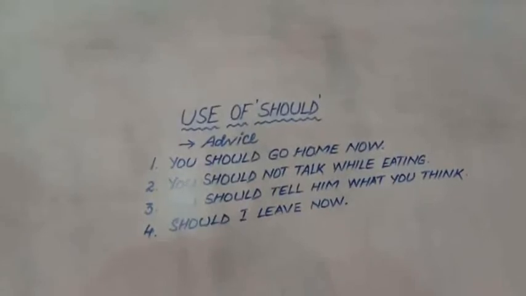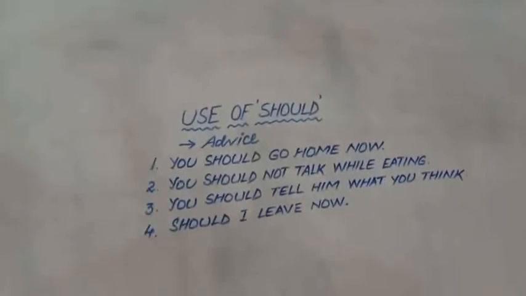It's not showing my mood clearly. But the moment I add the word should, it makes my idea clear that it's time to go home. You should go home now.